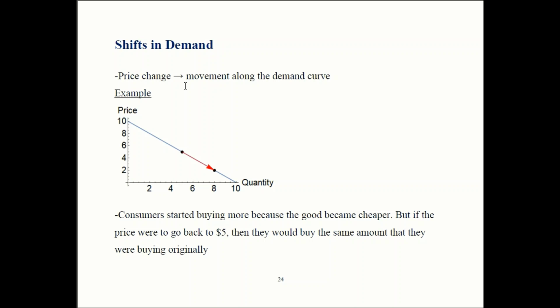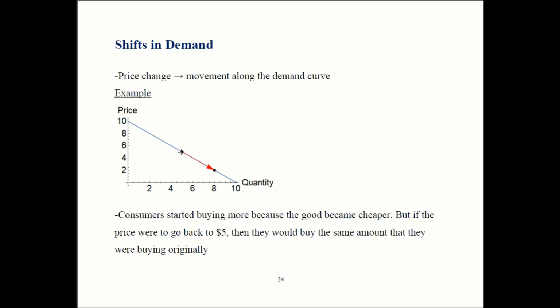It's because the only reason that caused people to start buying more was because of the price change. So if price were to go back to where it started, my example down here, going back to $5, then demand would go back to the exact same place it began. So that tells you, okay, we're still in the same curve. We're still in the same overall relationship between price and quantity.